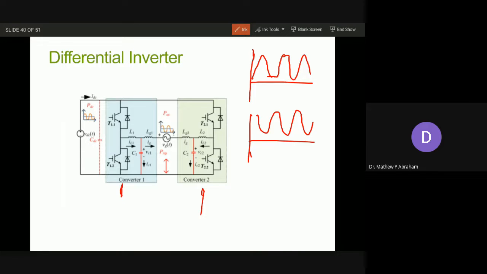And the output voltage is taken as the difference between these two points, so that we will get a sinusoidal output voltage here, right? Since there is no zero crossover taking place in both converters, that crossover distortion can be eliminated. So this is how we eliminate the crossover distortion by bringing in what is called a differential inverter.